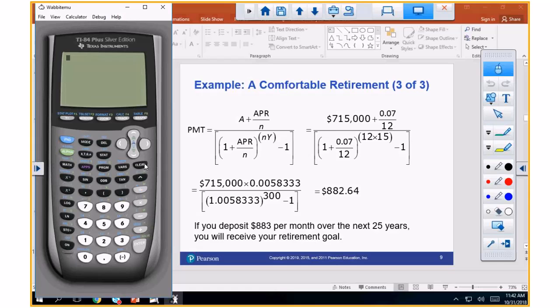So now we're going to do the denominator, and we're going to do 0.07 divided by 12 equals, and we're going to add what? 1 equals, and we're going to raise it to the parentheses 12 times 15 power, enter, and then we're going to minus what?